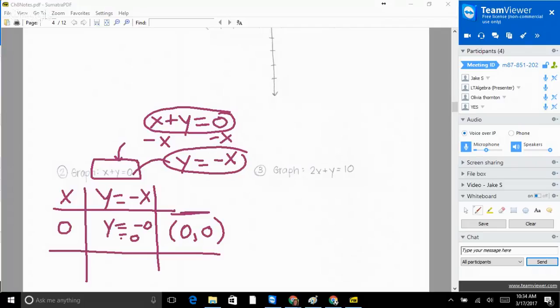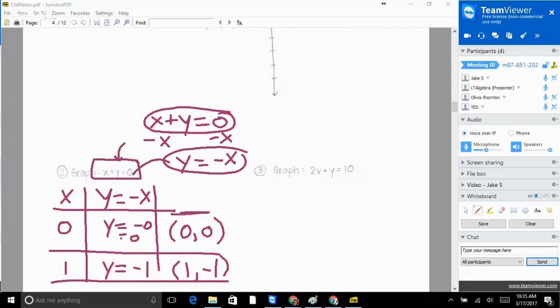What happens if x equals 1? Well, if x equals 1, y equals -x, so -1. So one of my other points is 1, -1. Okay. You guys following along so far? Kind of? Okay. We'll do a couple of them so you can get it.